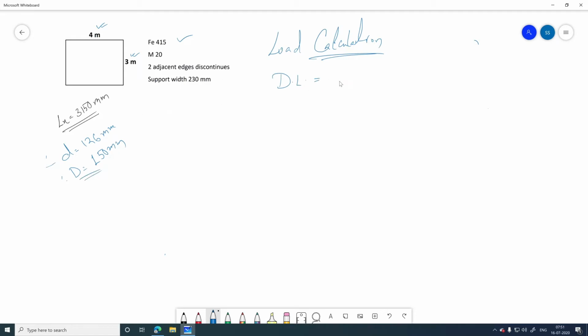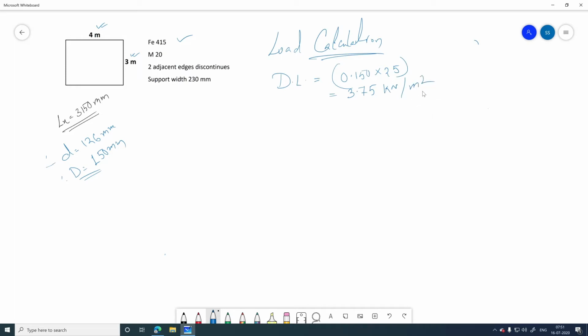If we convert to meter, 0.150, simply multiply with the unit weight of RCC, that is 25 kilonewton per meter cube. The value that we get is 3.75 kilonewton per meter square. So it will be in meter square, right?